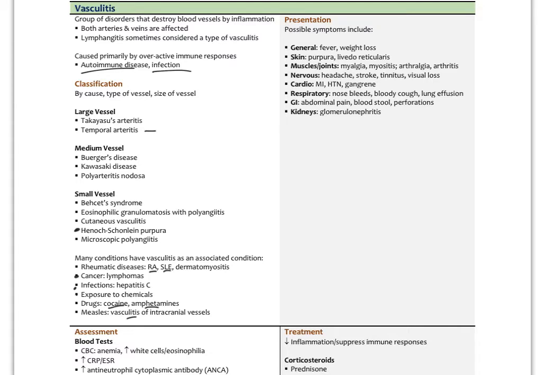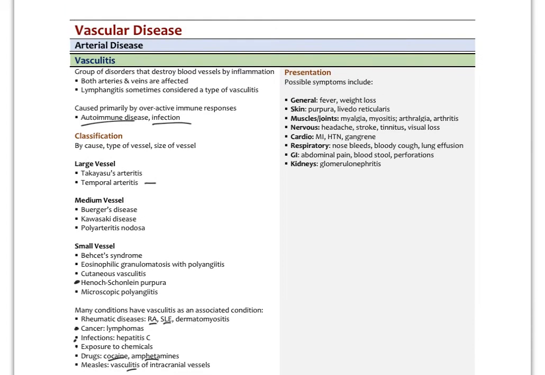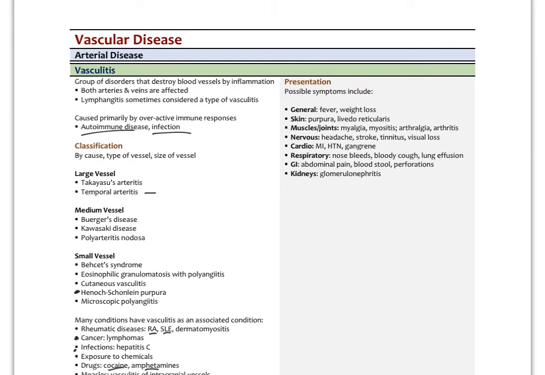Again, I'm not going to go through all of these in detail. It's important just to have a general understanding of what it is and how it presents. Basically, it presents in different ways depending on the type of vasculitis, but typical things like you'd see a fever, maybe weight loss, purpura on the skin, or petechiae. You could see things like myalgia, myositis, arthralgia, headache, stroke.